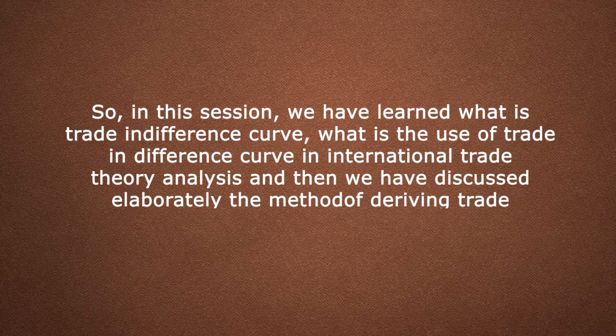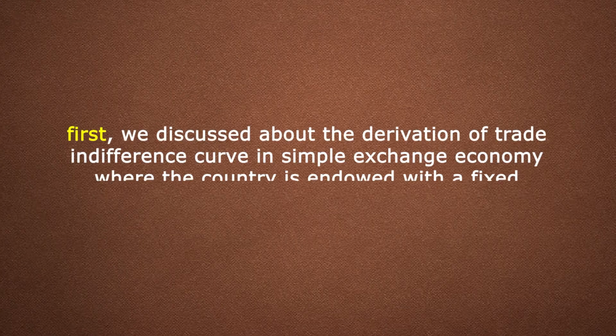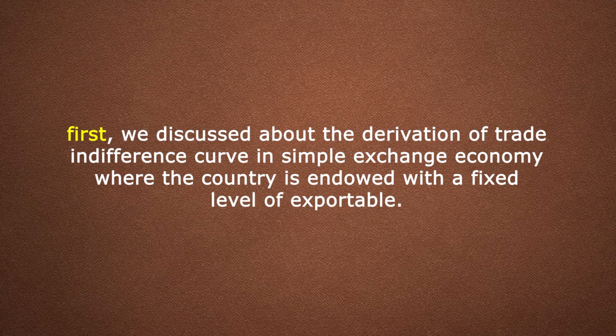So, in this session, we have learned what a trade indifference curve is, what the use of the trade indifference curve is in international trade theory analysis, and then we have discussed elaborately the method of deriving trade indifference curves. We have considered two cases here. First, we discussed the derivation of the trade indifference curve in a single exchange economy, where the country is endowed with a fixed level of exportable.